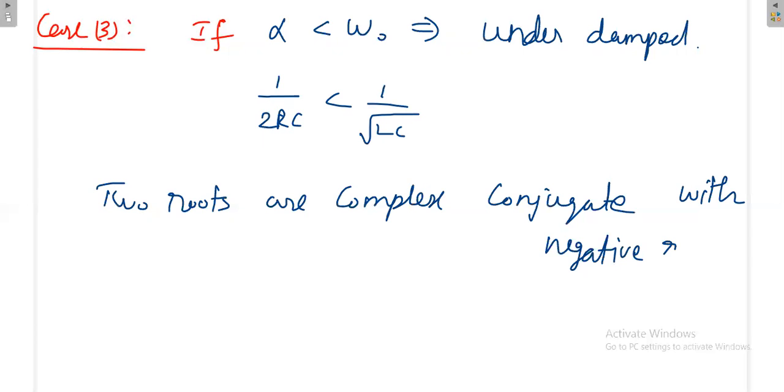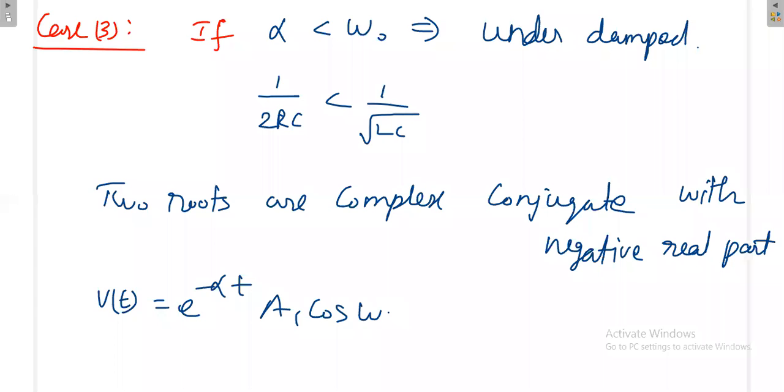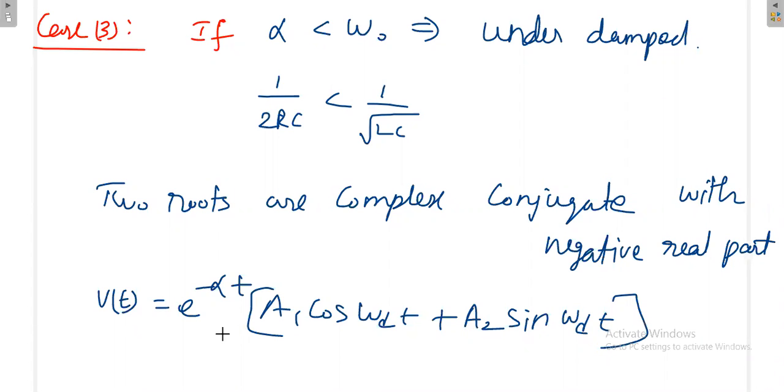So the voltage across the capacitor Vt is equal to e power minus alpha t times A1 cos omega d t plus A2 sin omega d t. This is the response. Here omega d is square root of omega naught square minus alpha square, where omega d means damped frequency of oscillation and omega naught means natural frequency of oscillation.